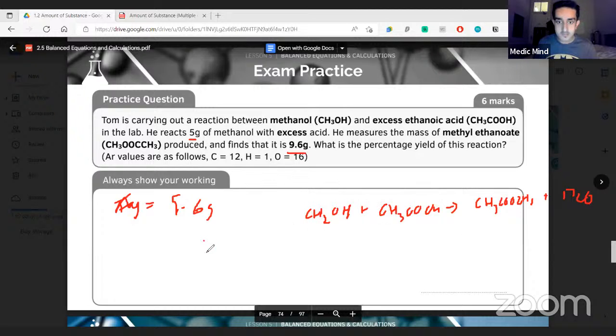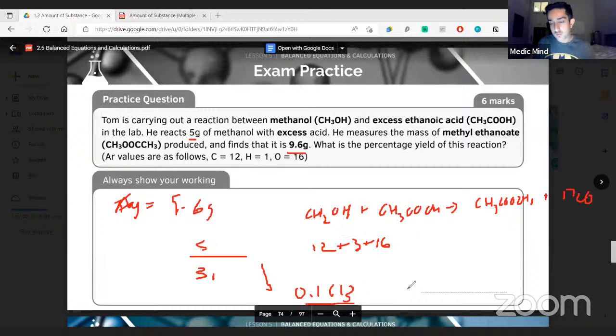So work out the moles of methanol you've used. So 12 plus 3 plus 16 is 31. 5 over 31 is your moles of CH3OH, which is about 0.1613.